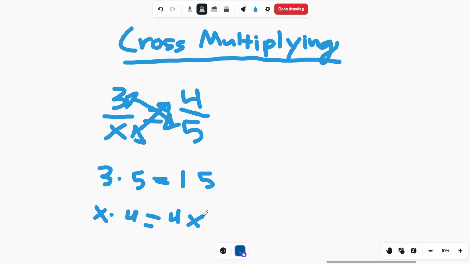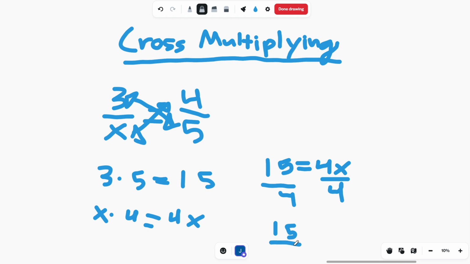Now, once we arrive at this particular moment and instance, we are going to set 15 and 4x equal to each other. So now we have 15 is equal to 4x. And then after we do this, we simply just do basic algebra to figure out what x is. And x is equal to 15 over 4. And that is how cross multiplication works.